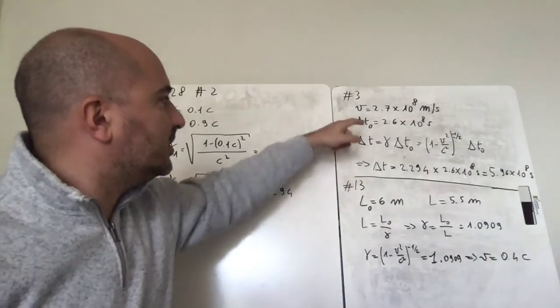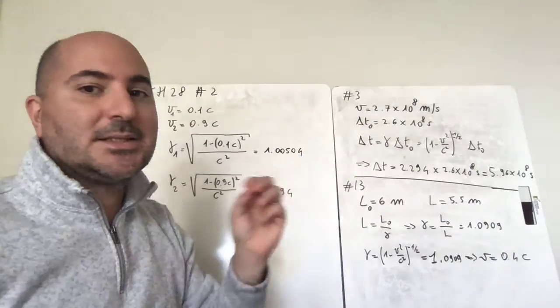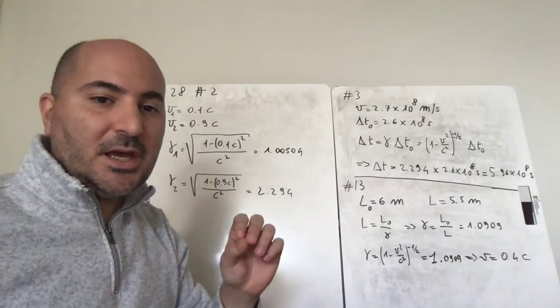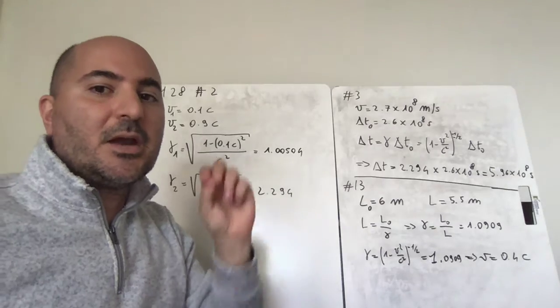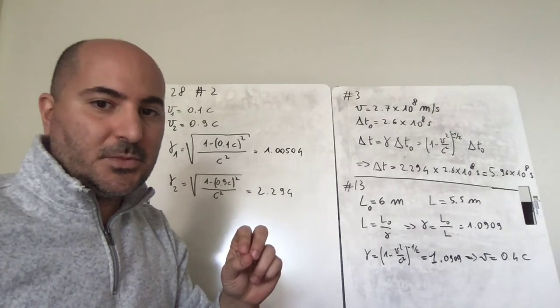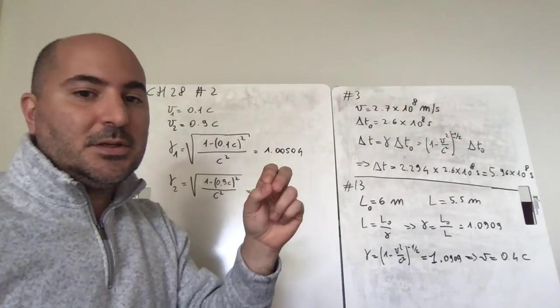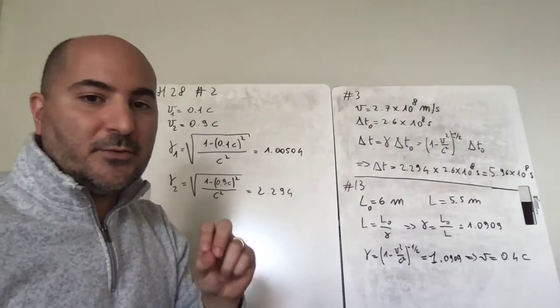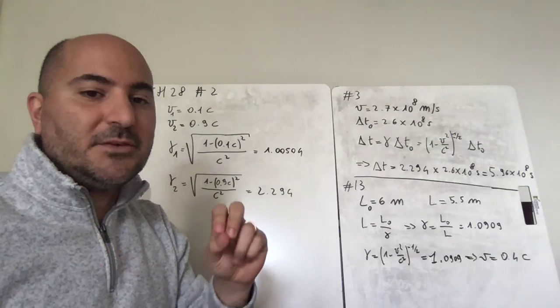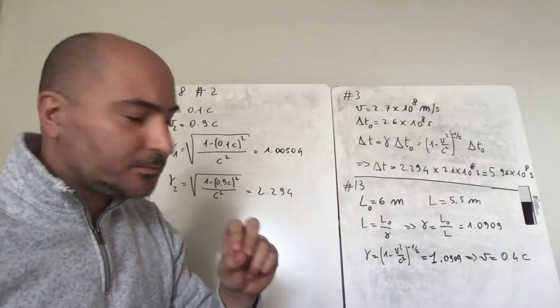So that's why I wrote delta T naught. That's the time of life of these mesons at rest. Okay. Now, of course, they are moving at this speed, so this time, as seen by an observer, looks different. How different?